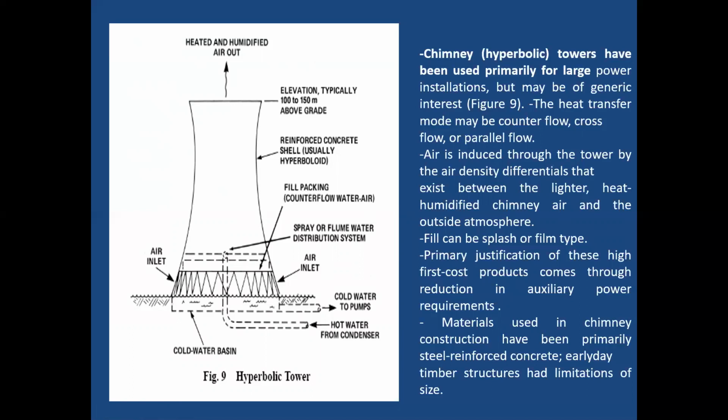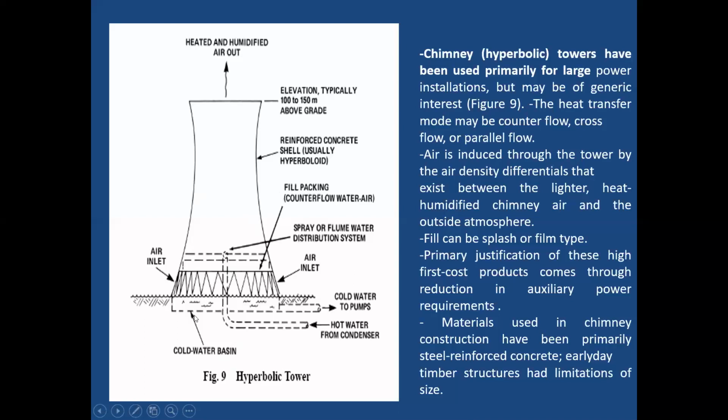The filling material can be a splash type or film type. The primary justification of these high first cost products comes through a reduction in auxiliary power requirements. Generally, its capital cost is huge, because steel reinforced concrete is used, and in early days some timber structures were also used, that is wooden structures.